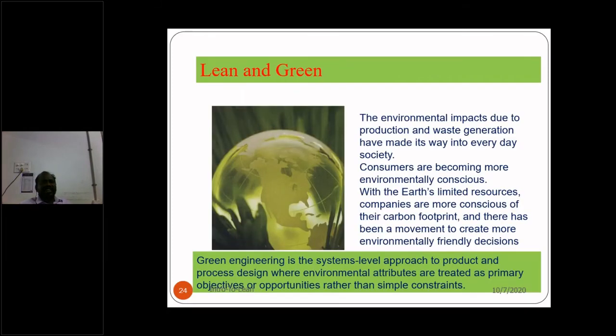So lean and green. The environmental impact which production and waste generation have made has led every society to consume in a limited manner and to have a footprint for others.